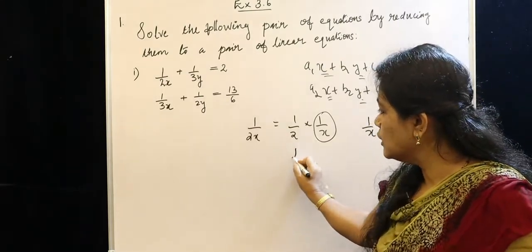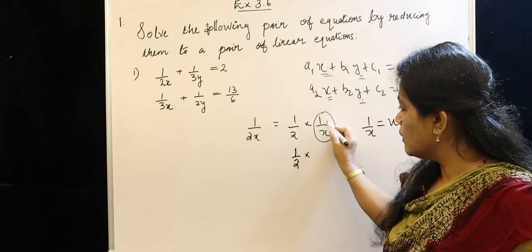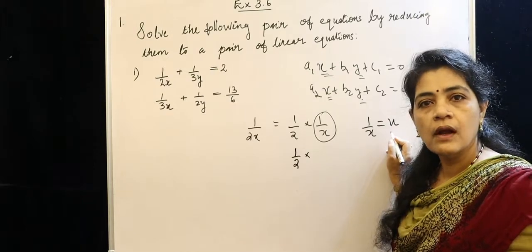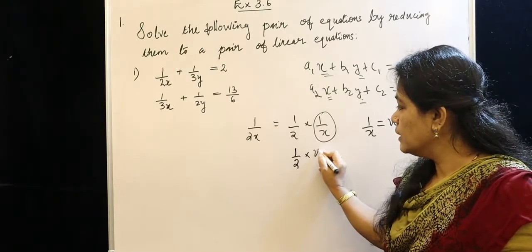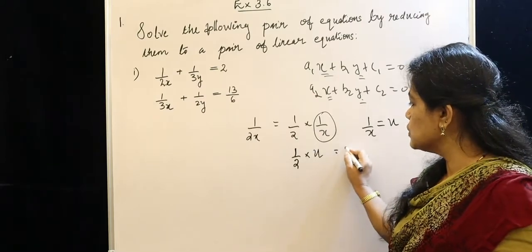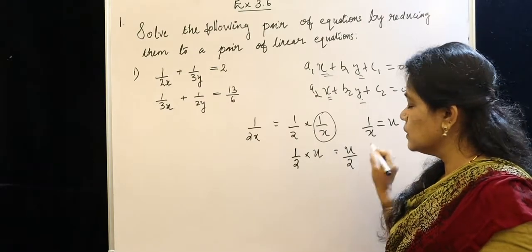So what happens, children? In 1 by 2 into 1 by x, in place of 1 by x we are going to substitute u. That means 1 by 2 into u, that is u by 2.